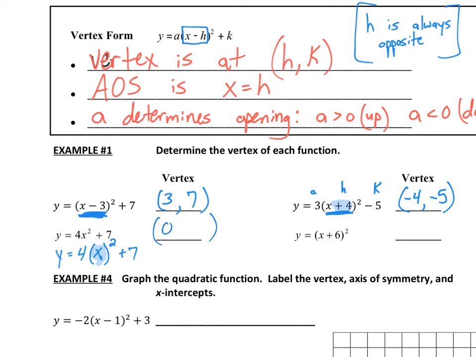The number is 0, and k is 7. So the vertex is at (0, 7).